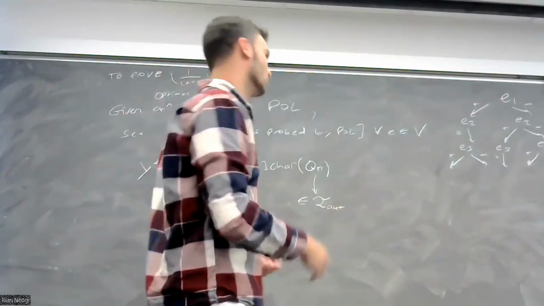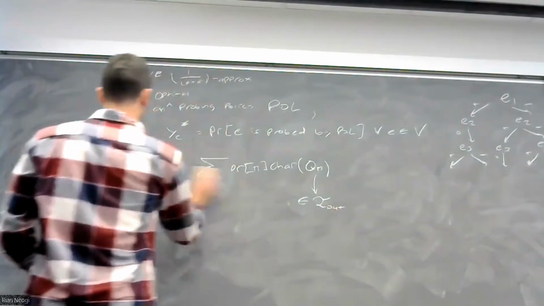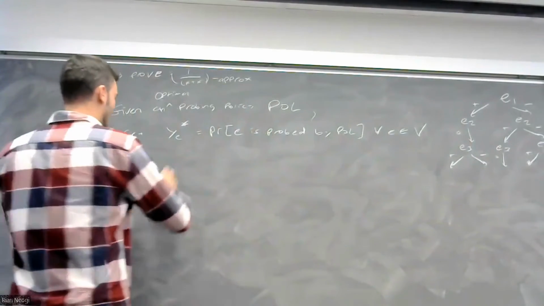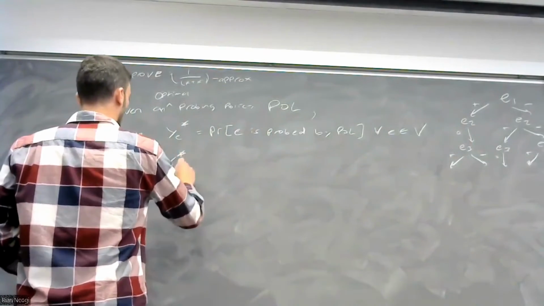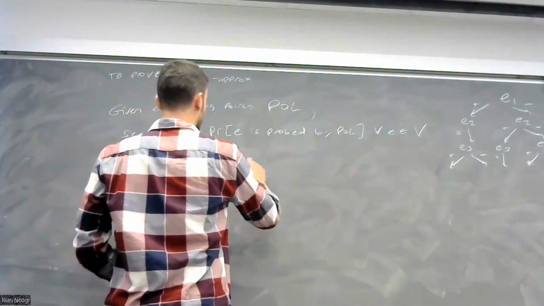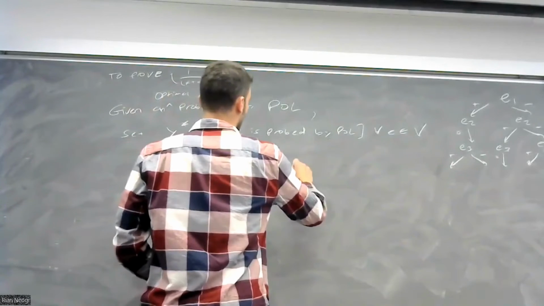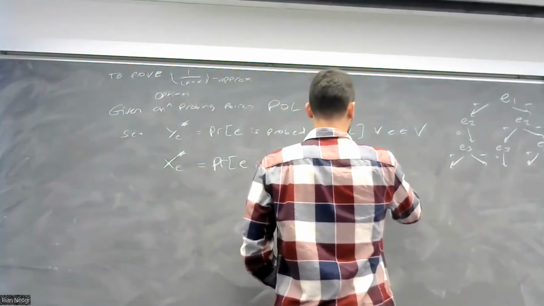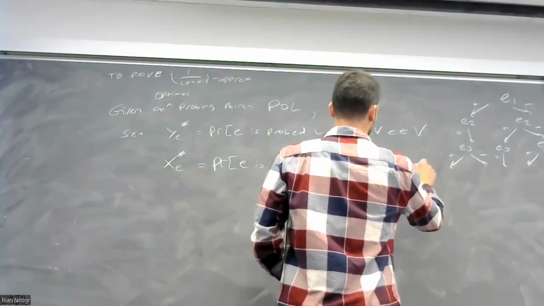But what about the second one? The second one, I'm going to define this x star, where x star e will just be the probability that e is chosen by the policy, for all e.